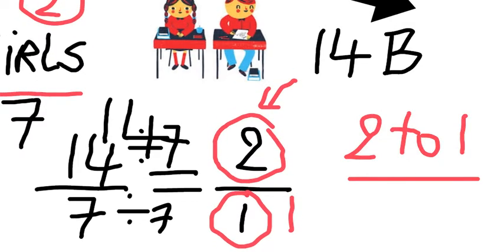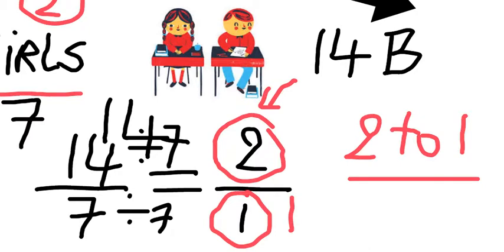If you look at the problem at first, we had 14 boys, and we had 7 girls. It means for every 2 boys in the classroom, you have 1 girl. And it means it's double the number, right? And if you see 14 and 7, 14 is double 7. So that's what it means.